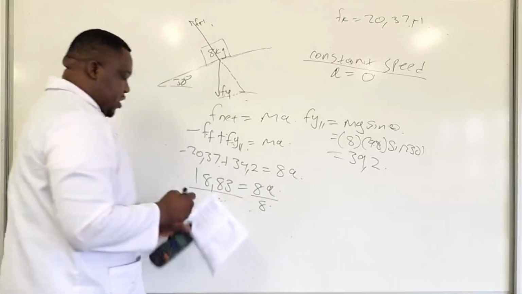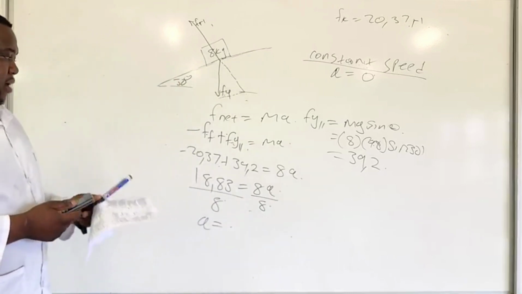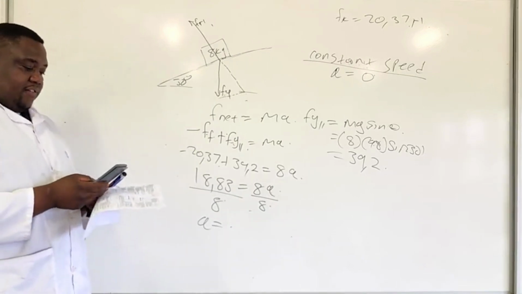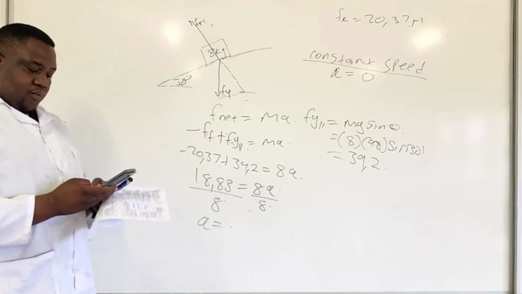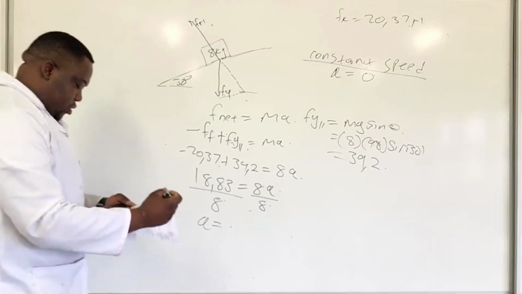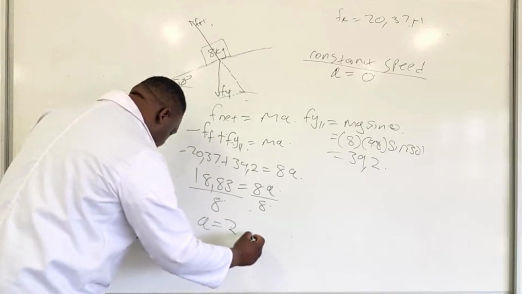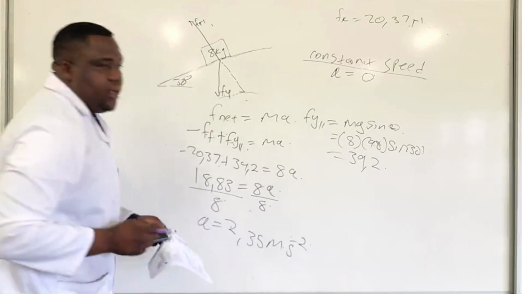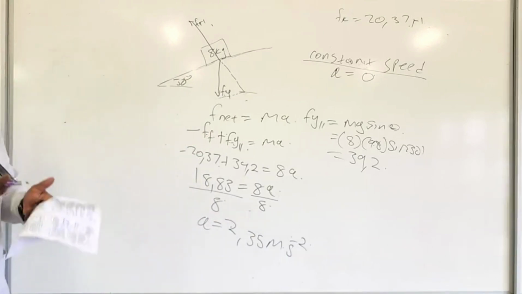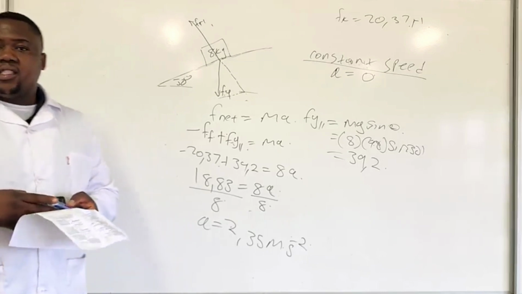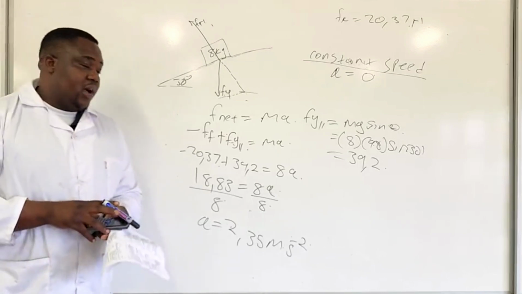Then our acceleration is going to be 18,83 divided by 8, and we're going to get 2,35 meters per second squared. So our acceleration is 2,35 meters per second squared.